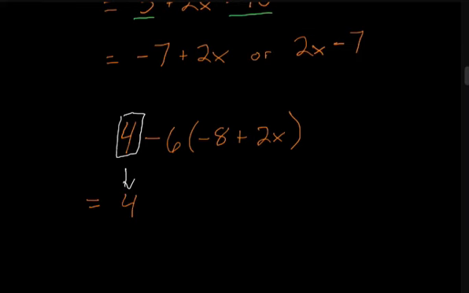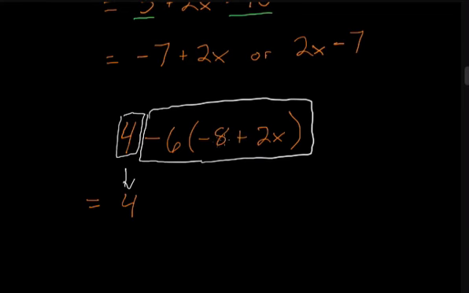All right. The next part, we have to be very careful. We've got negative 6 times negative 8 plus 2x. All of this is one thing. That first number, that outside term, is a negative 6, not a minus 6. And now we've got an expression that's clearly in the form of a times b plus c, where a is our negative 6, b is our negative 8, and 2x is our c.